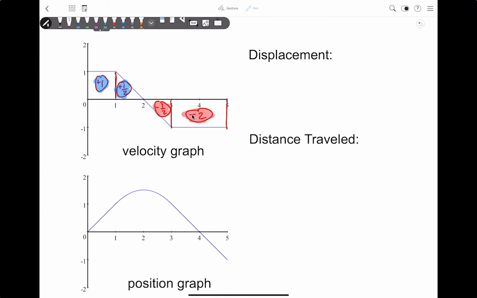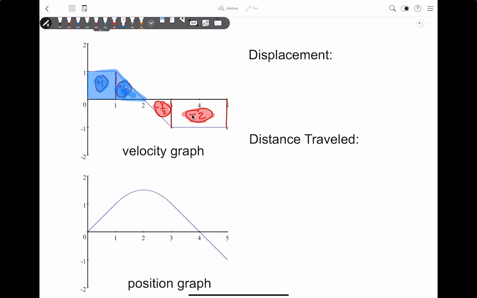Okay, so what we're going to do now is look at the displacement analytically, of how we write this out as far as change in positions. So for this first one, all of this displacement we're going to say is a positive 1.5.